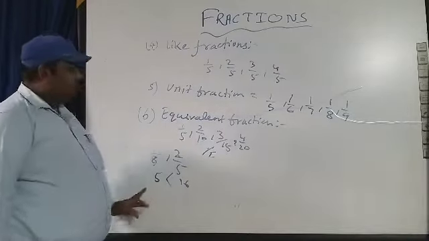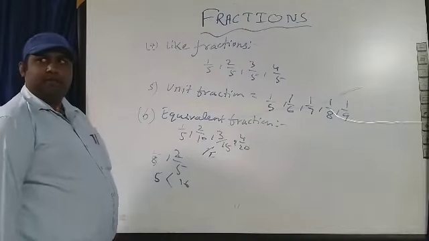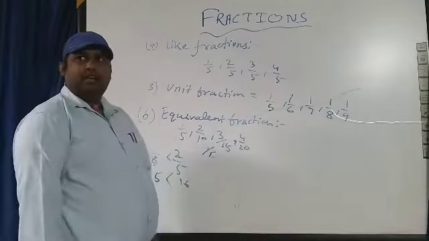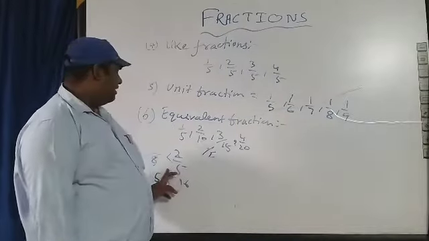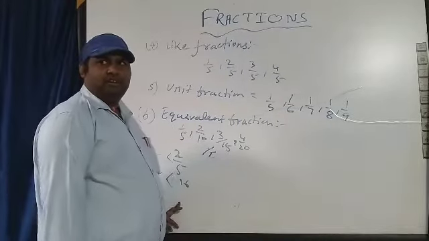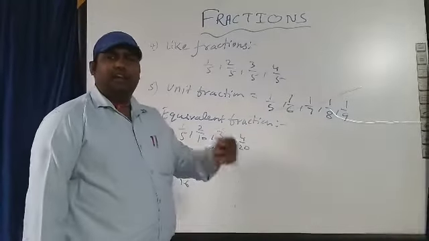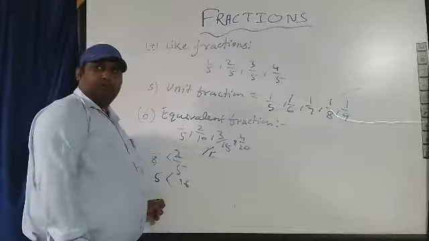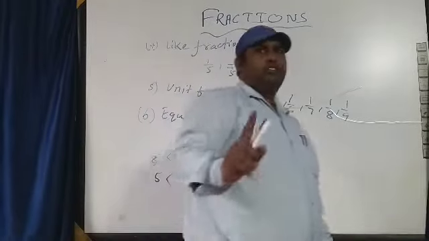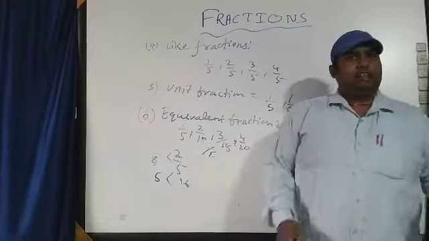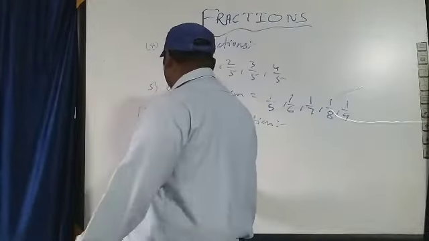Now 16 is more than 5, so 2 by 5 is more than 1 by 8. We can do this by cross multiplication, or by making the denominators the same by taking the LCM. Both are processes to compare two fractions, and there is another method also, which we will apply.